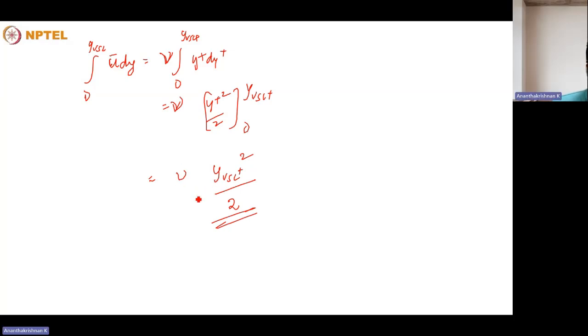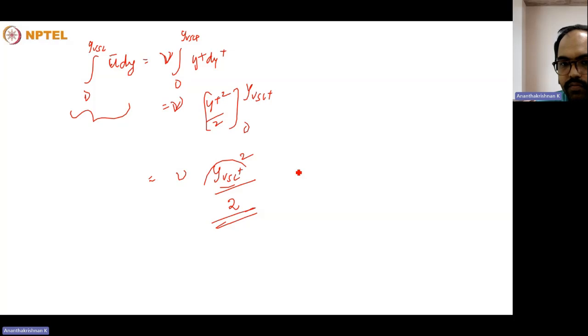So this particular term, y VSL plus, is the viscous sublayer thickness in the non-dimensional form. This particular term is a constant for the viscous sublayer throughout. Though the actual thickness of the viscous sublayer will vary, this is a non-dimensional coordinate that is based on a similarity variable that we have used.